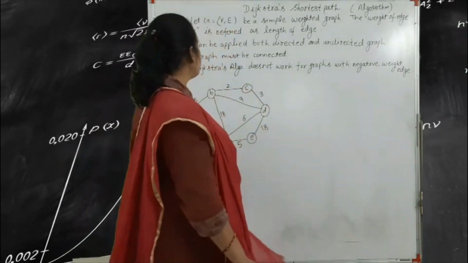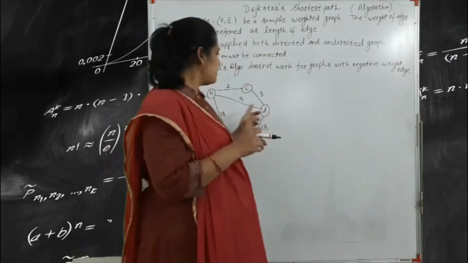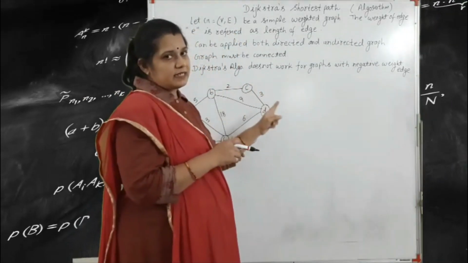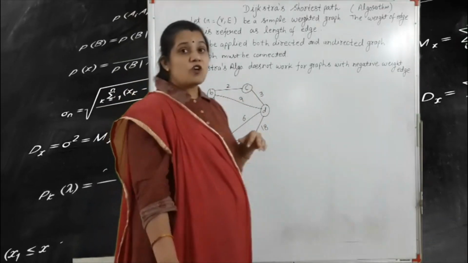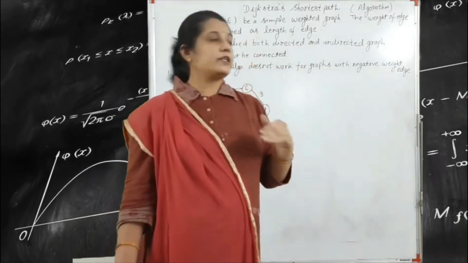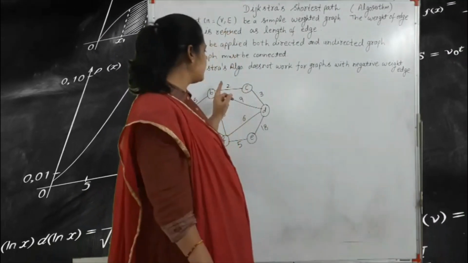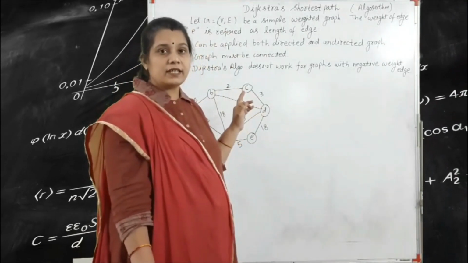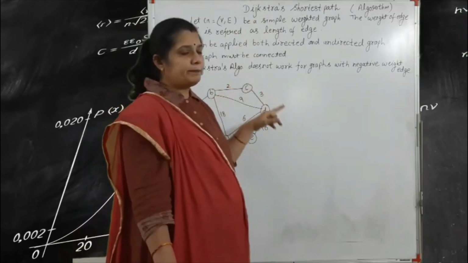The next point is that the graph must be connected, as in this example where the graph is connected. The next one is that the Dijkstra algorithm does not work for graphs with negative weight edges. That means if the length is given with a negative sign, the Dijkstra algorithm is not applicable.